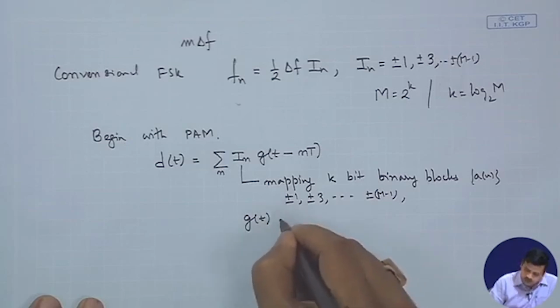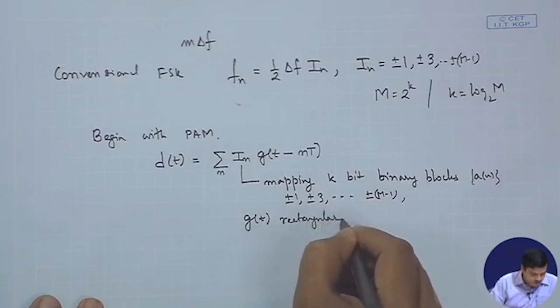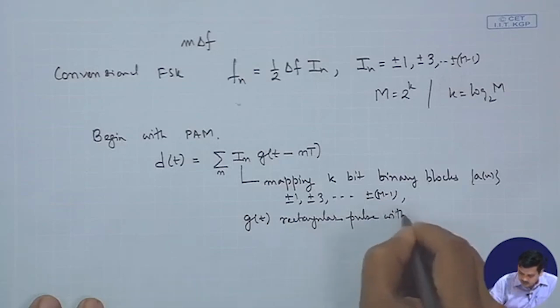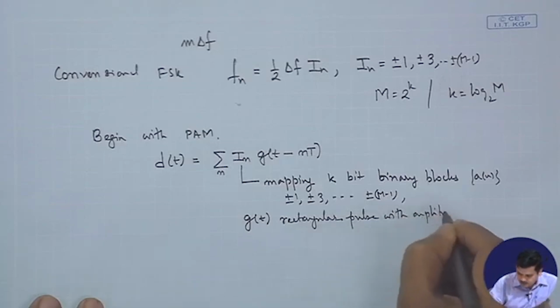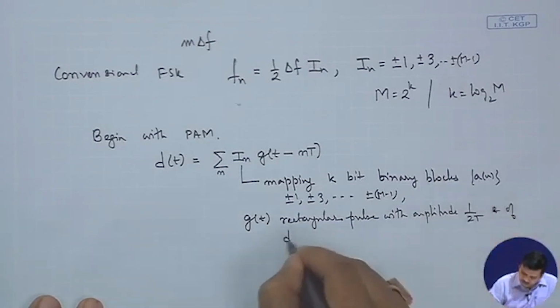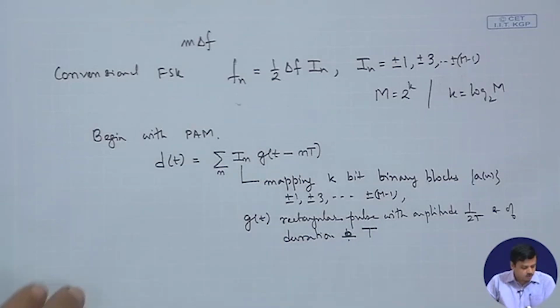In this particular case, let us take g(t) to be a rectangular pulse with amplitude 1 upon 2T and of duration T seconds. So, this is our basic expression to begin with, the baseband expression.